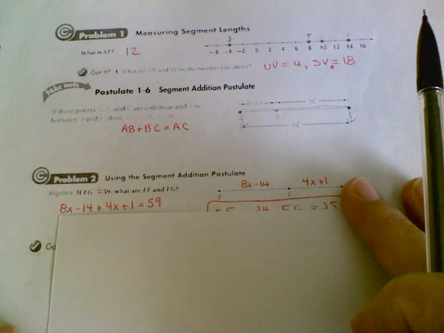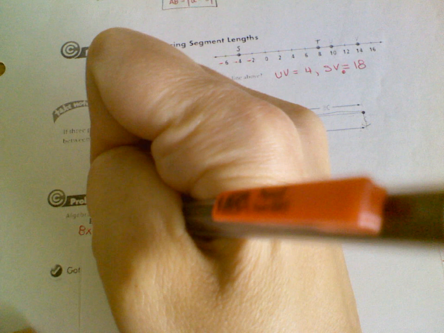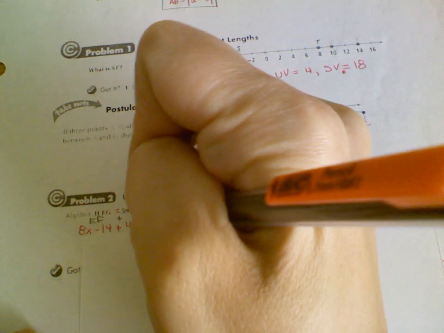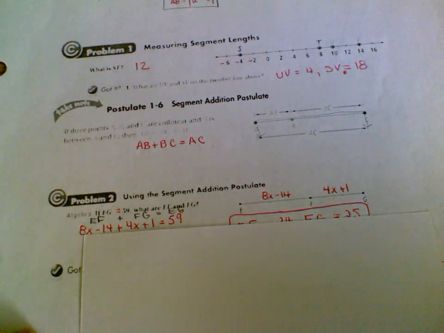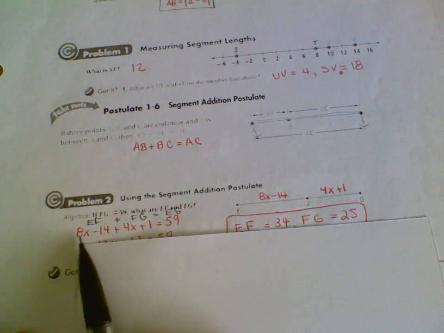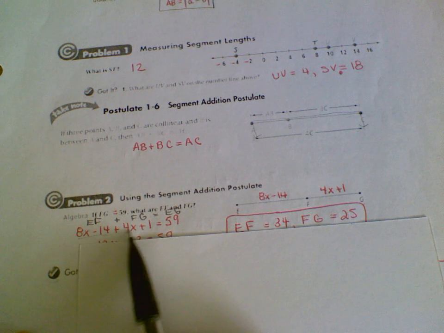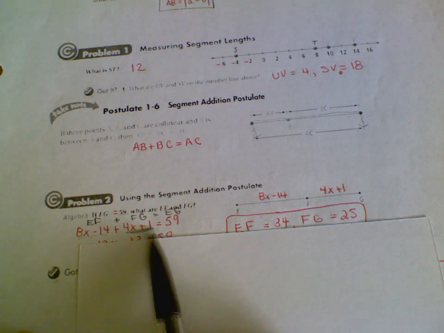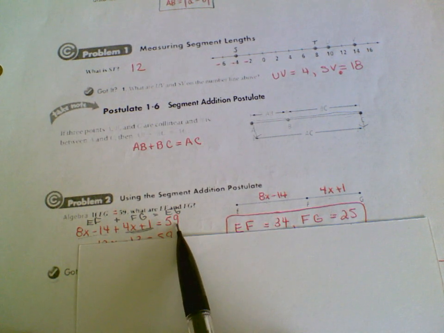So my segment addition postulate says take EF, add to it FG, and that would give me the big section, which is EG. So here is EF, 8x minus 14. I just substitute that in, plus FG, which is 4x plus 1, and that's going to give me my big section, which is equal to 59.